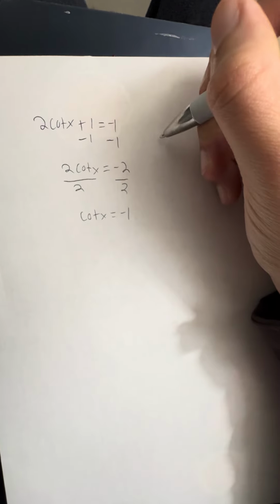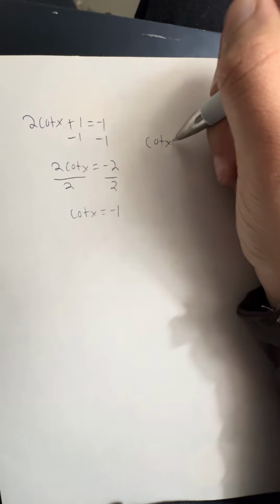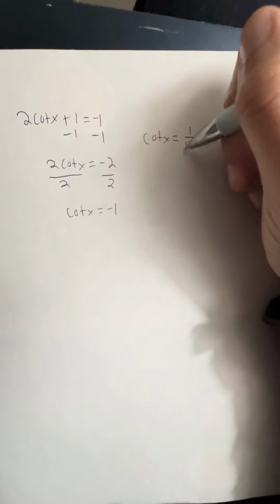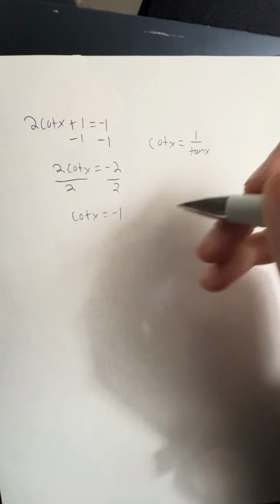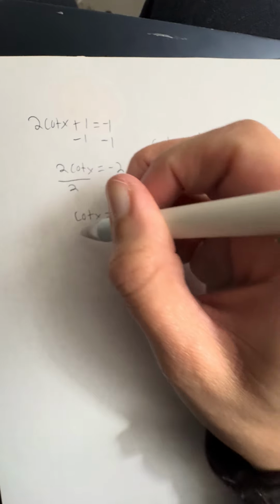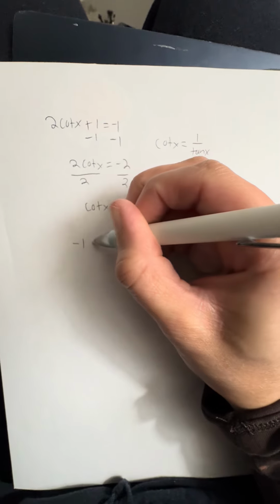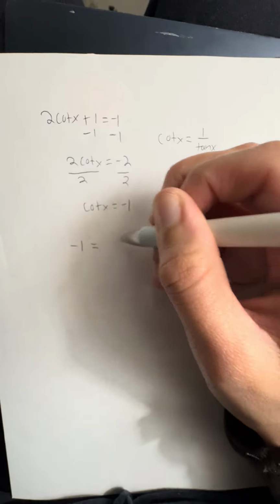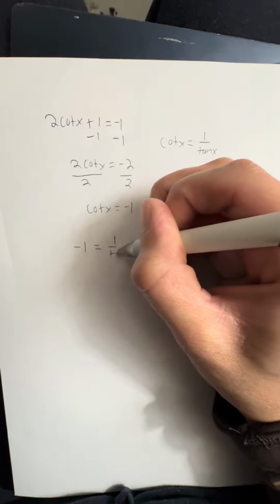Recall your identity that cotangent of x is also known as 1 over tangent of x. So then what we can say is -1 is equal to 1 over tan x.